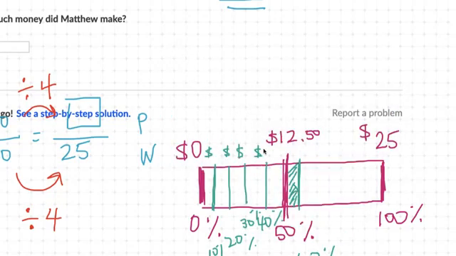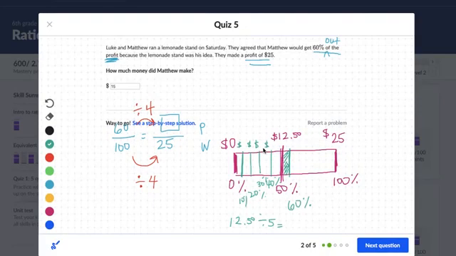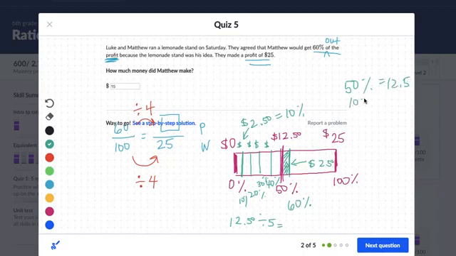Each of those 10% is worth $2.50. That's for each 10%. So that means this extra 10% would be an extra $2.50. So the 50% was $12.50 plus another 10% is $2.50.